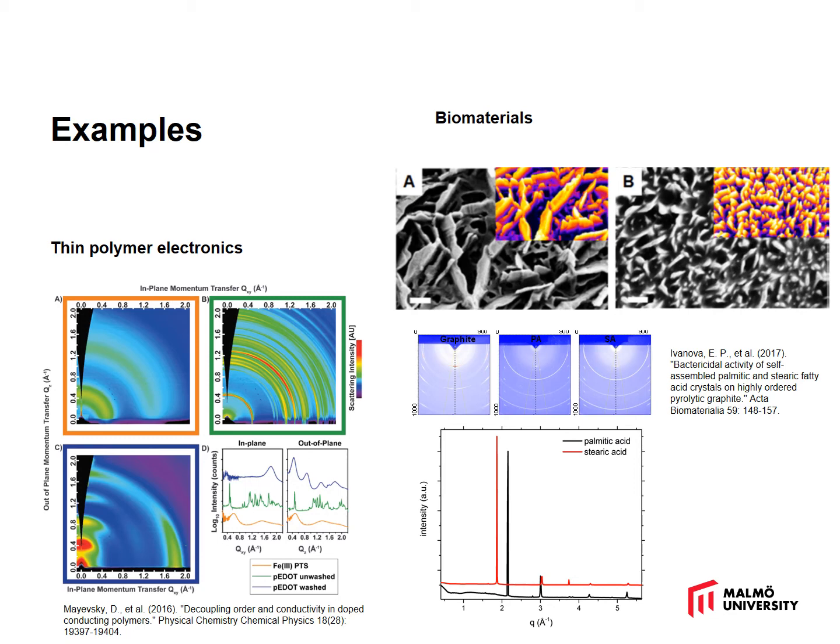There at the top are two kinds of different morphologies with different waxes. And what they've found is that this morphology is more or less bactericidal. These people used the ability of grazing incidence scattering to study the crystallographic growth of these morphologies as a function of time.